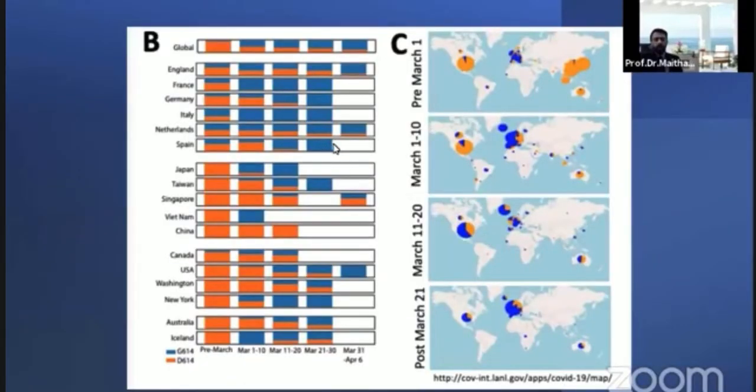As shown in this figure, there are changes in the global distribution of relative frequencies of the D614 (orange color) and G614 (blue color) variants. Circle size indicates the relative sample size within each map.